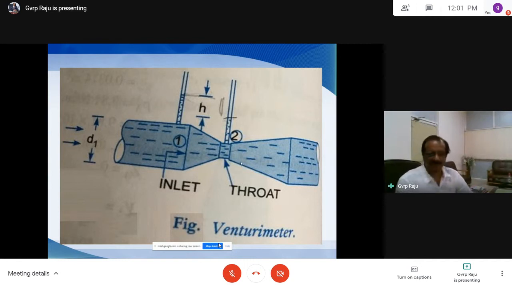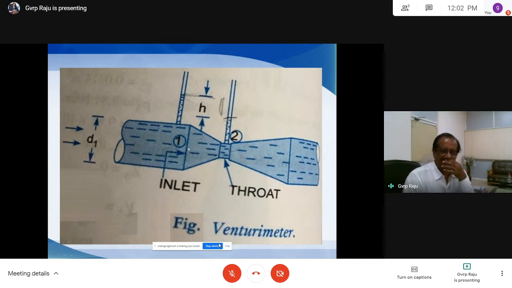So if it is a small distance, there is a formation of eddies, a backflow. This is the forward flow. You can expect a backflow because of this sudden expansion. So as we are giving more distance, the divergent cone angle is less, there will be deceleration slowly and the losses can be minimized if you have a longer divergent length.